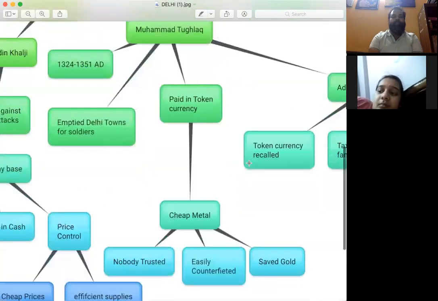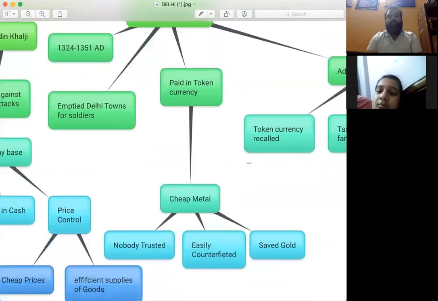Then he used to pay a salary in token currency. Now, what is token currency? It's like a note which we use in modern days, but not with metal; it was just like a paper note. A paper note doesn't have any value in itself because it is made of paper, but it is guaranteed by the government.